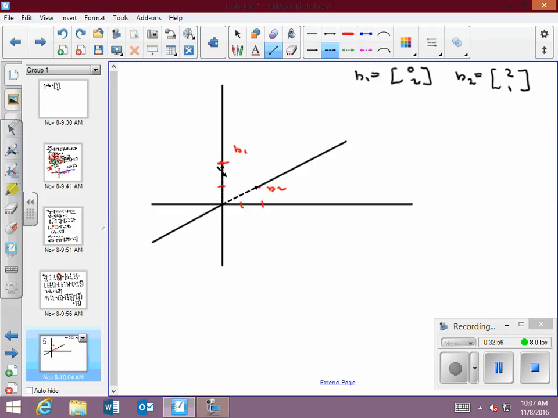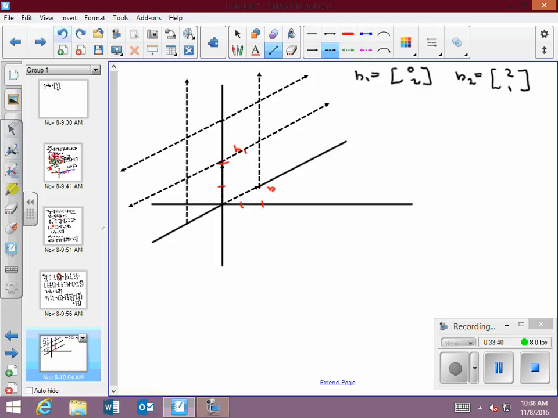So I'm gonna draw parallel lines here if I can. Ooh, not too parallel. All right.